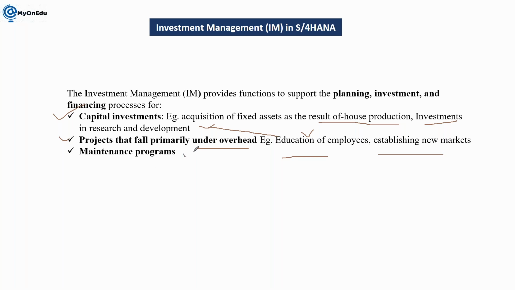Here, maintenance programs. Sometimes in big manufacturing companies, they have their overhauls. They used to have an annual overhaul, so yearly they will do the maintenance of their equipment and machines. How we can plan it before starting, and how you can manage your budget, you can manage in investment management.